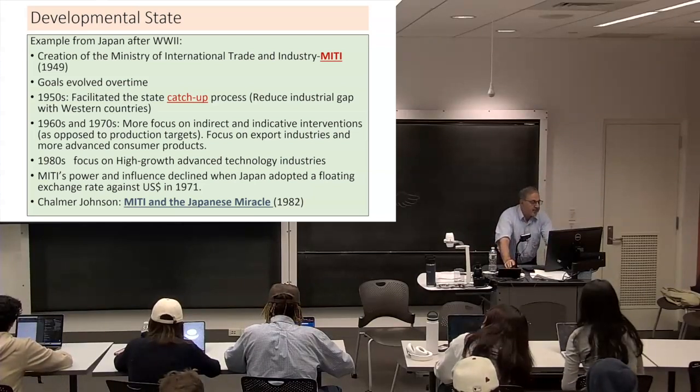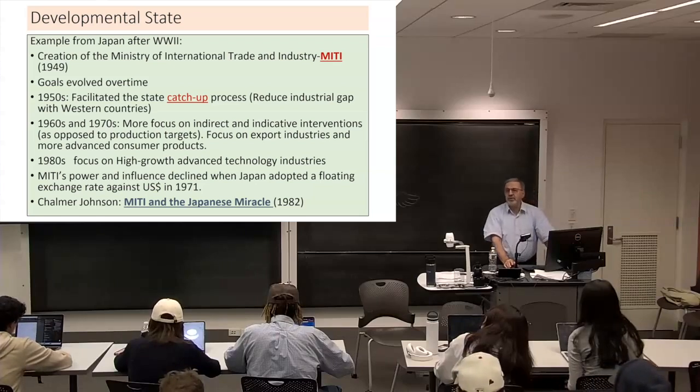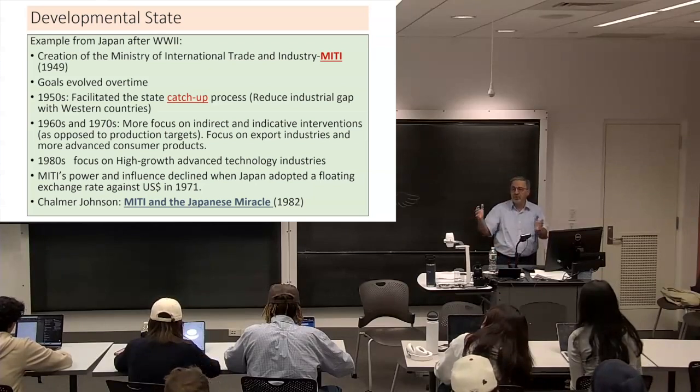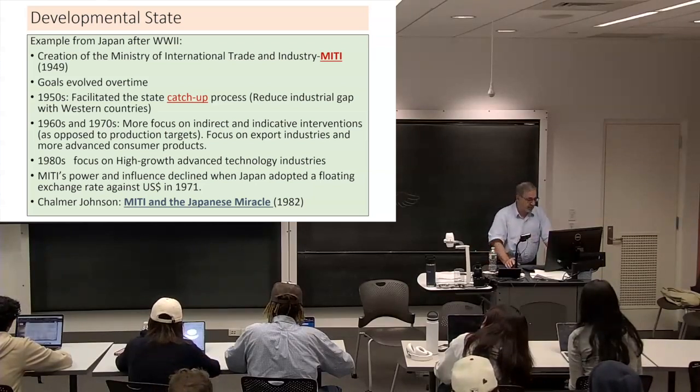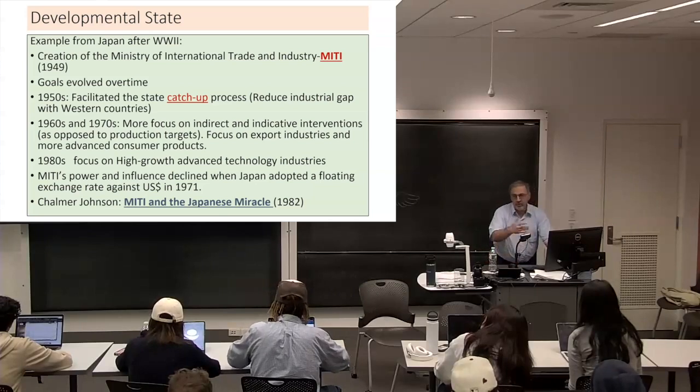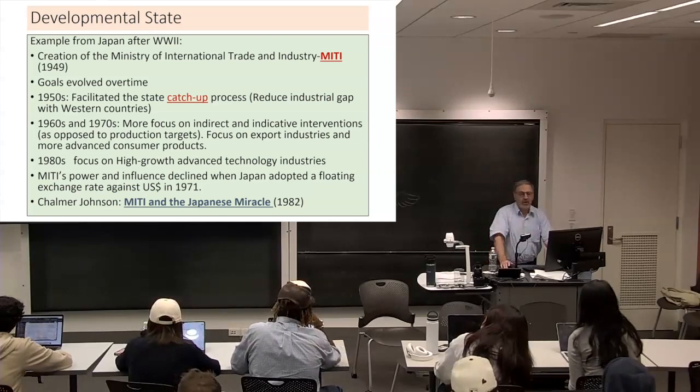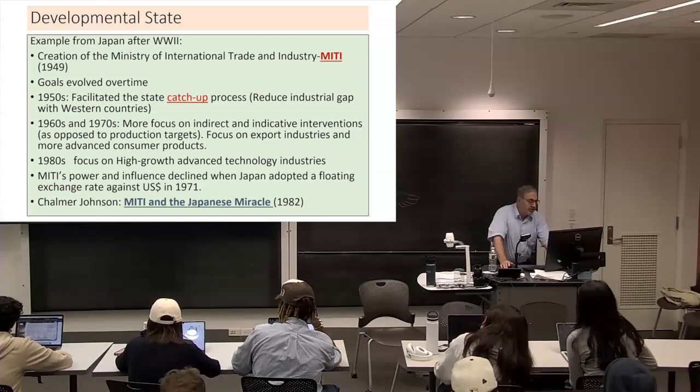So there were direct targets for industrial activity. The government would set quotas, recommend them, even though the production was taking place in the private sector. And of course, significant technological and engineering support for the industries.